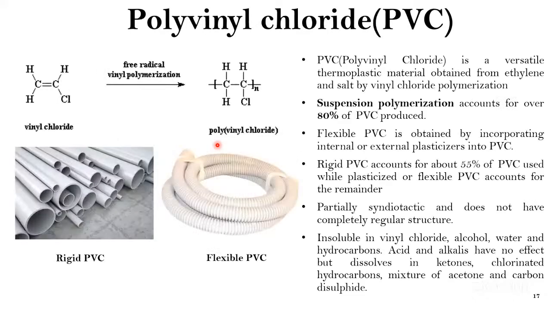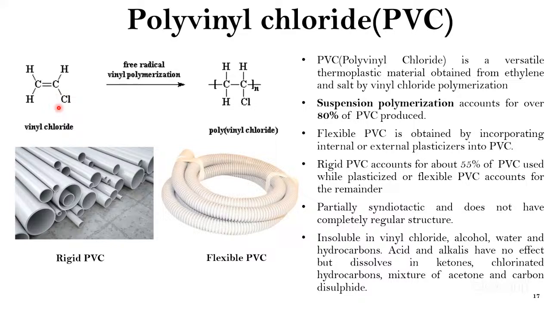Okay, so next vinyl polymer, we will study about PVC, that is known as polyvinyl chloride. I think you all heard about this polyvinyl chloride. If you see, this is your monomer. What is the monomer? It is vinyl chloride.